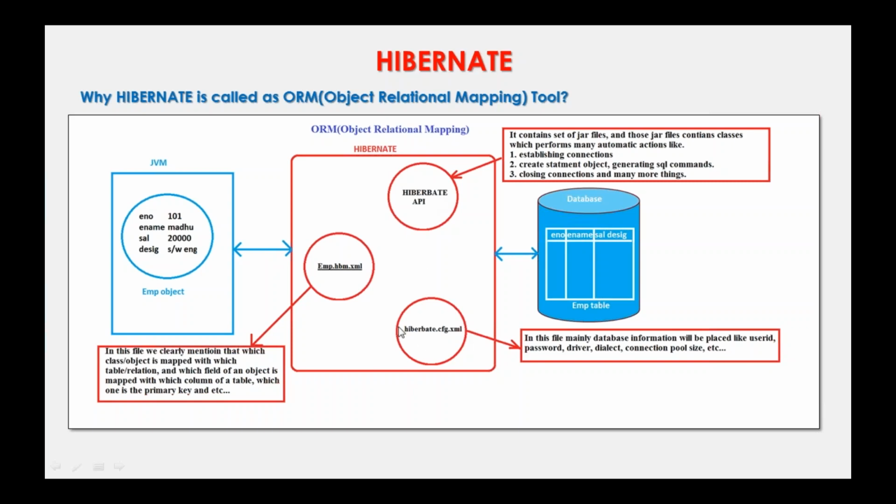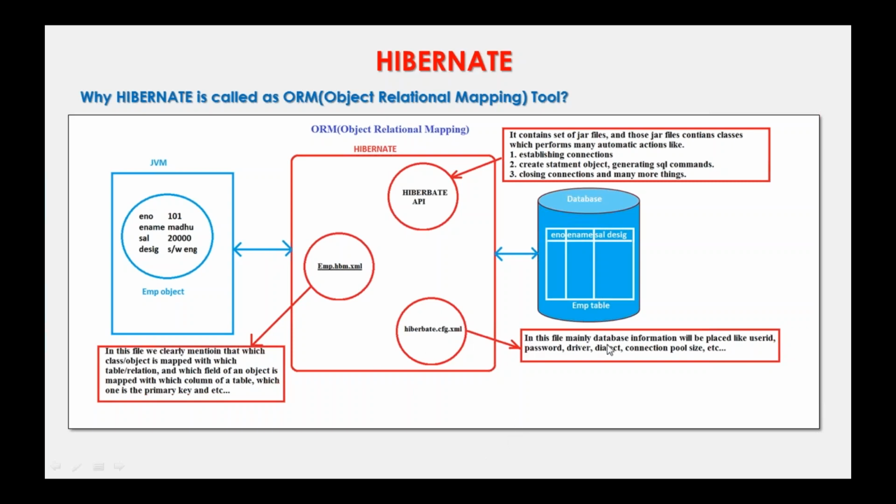Like that, some details I'll give to Hibernate through this configuration file. Simply see here, I have written clearly, I've given some points. If you read those points, you can get to know clearly what is the use of the emp.hbm.xml file, the hibernate.cfg.xml file, and so on.